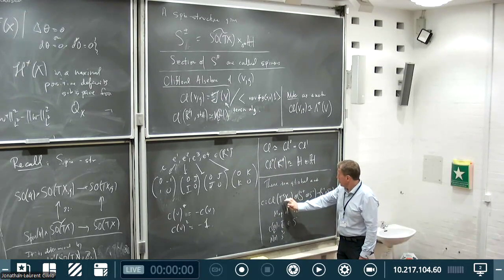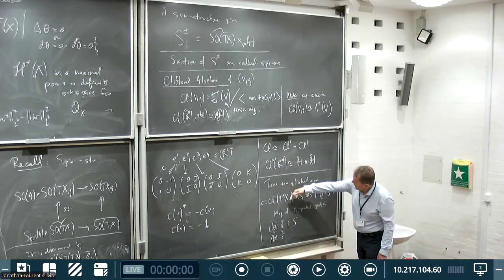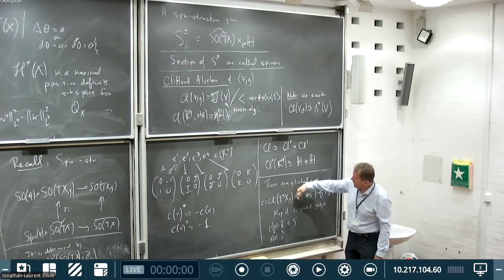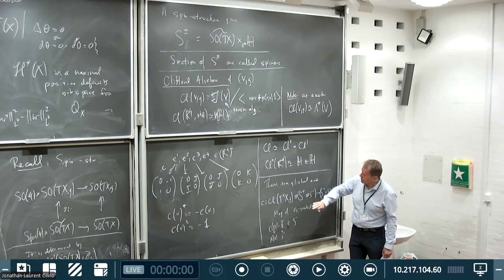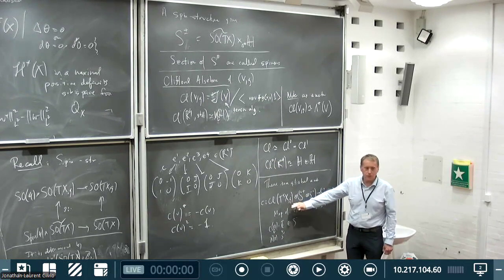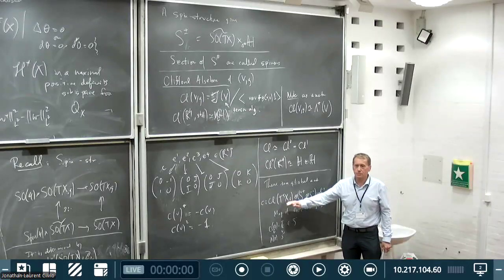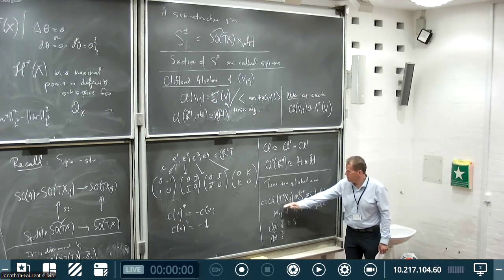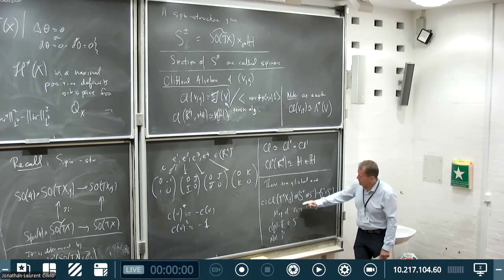Suppose I have a spin structure. I should say a spin structure is equivalent to having this data: a pair of bundles with an action of the Clifford algebra, that's the same thing as having a spin structure. It's better to think about it this way for our purposes.